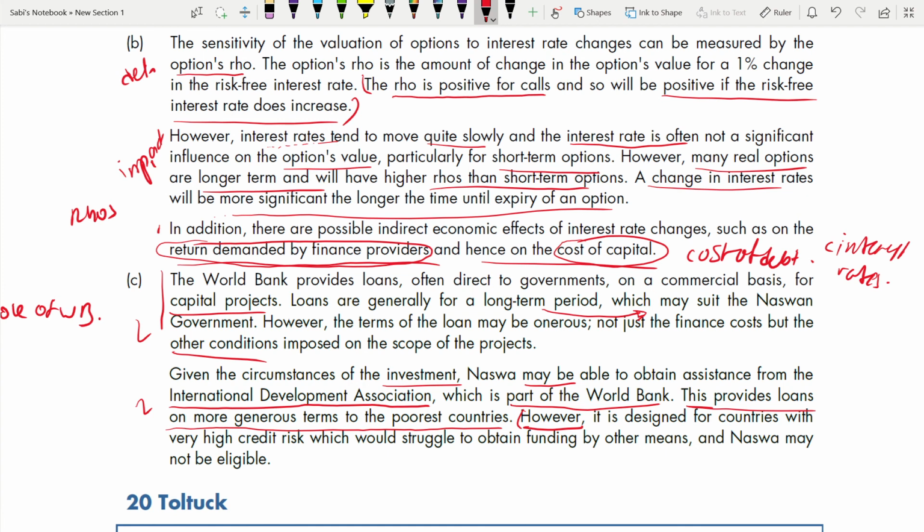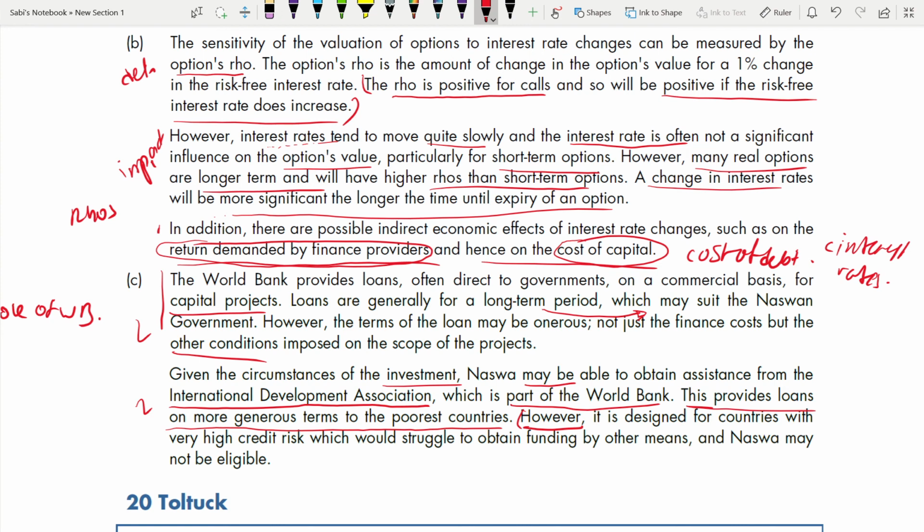Use however, but. These are the words when you have to move from positive to negative. Know these words. However, but, in this case it is not possible because, or in this case NASWA is not eligible because.